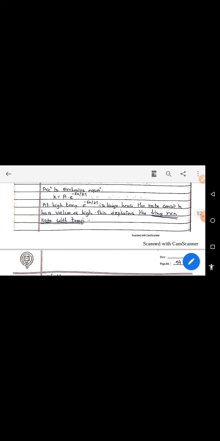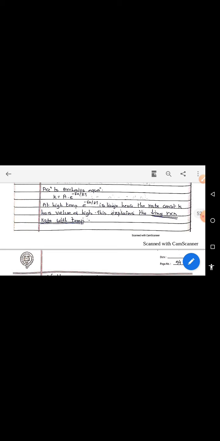According to the Arrhenius equation, k, the rate constant of the reaction, is equal to A, the Arrhenius constant, times e to the power minus Ea, the activation energy, divided by RT. T is the temperature and R is the gas constant. These two are the constant terms. So temperature is the variable.